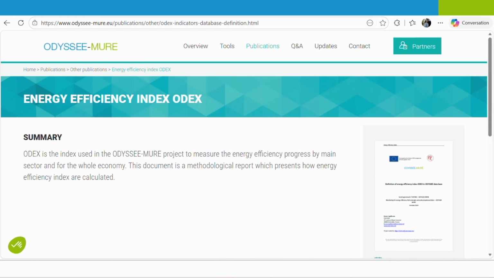So with this approach, it becomes possible to combine indicators that are expressed in different physical units, as we saw earlier, while keeping each indicator as close as possible to the relevant definition of energy efficiency.